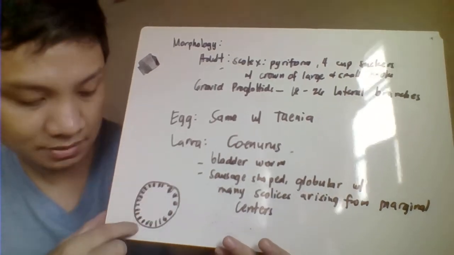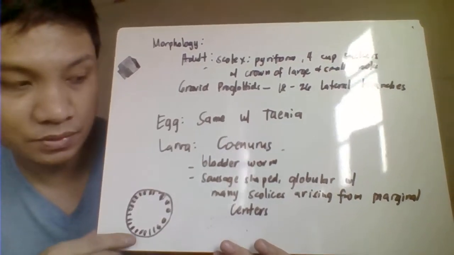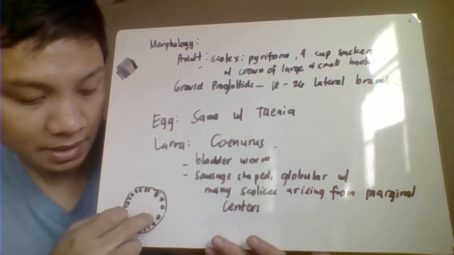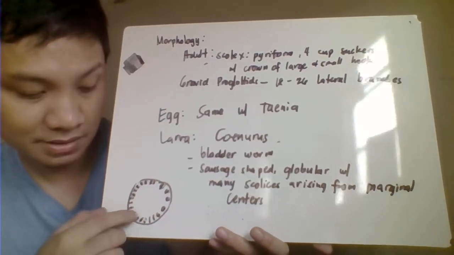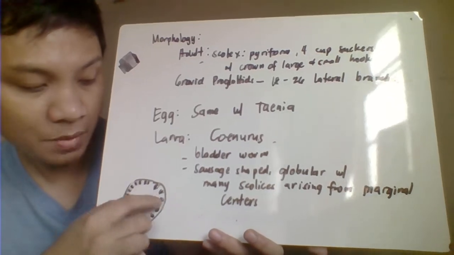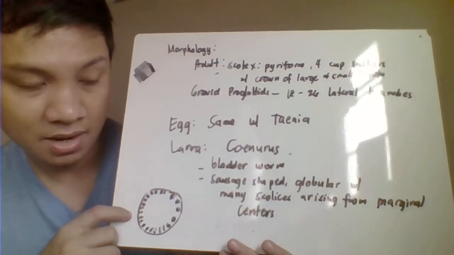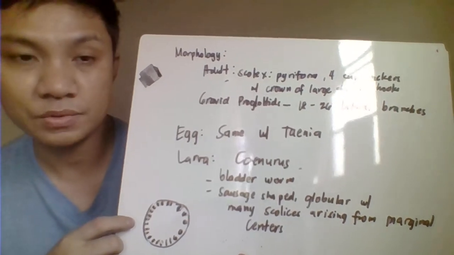The larva, which you call the coenurus, is globular, sausage-shaped, wherein characteristically yung mga scolex, maliliit, mga worm ito, arise on the marginal side of the entire coenurus or the bladder worm.